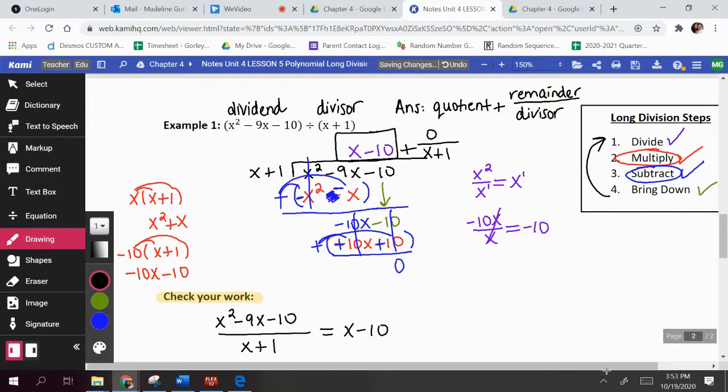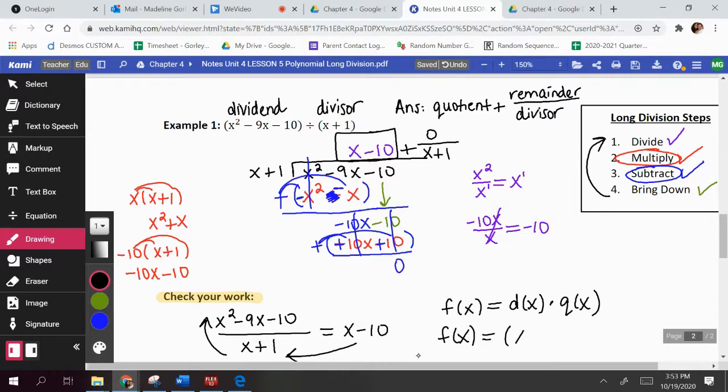So really, I should be able to multiply these two together to get back to the original expression. So let's see if I get back to my original expression, f of x, if I multiply the divisor, d of x, times the quotient. So in this case, let's see if I can get back to the original function if I multiply that x plus 1 and x minus 10 together.